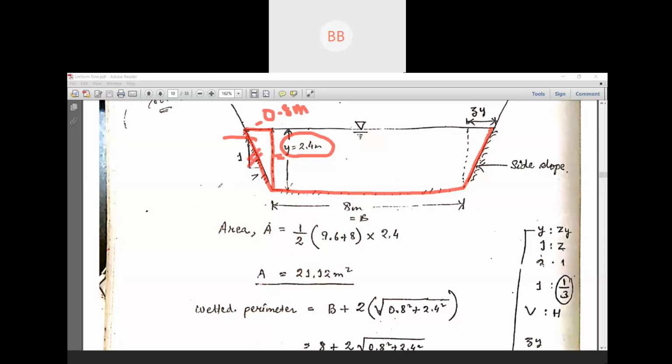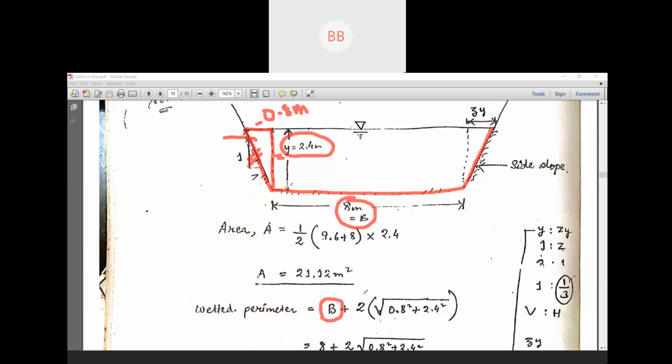So we are going to use the Pythagoras theorem to find out the side of the channel. So for the wetted perimeter we have to add b, and in addition we have to take both the sides, and both sides will be the same as other parameters are the same.